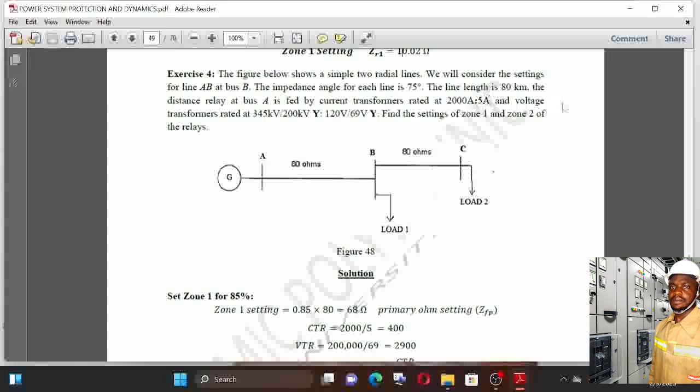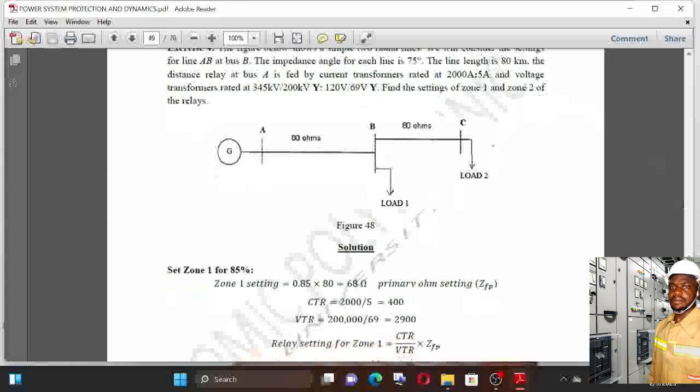Okay, that's the transformation ratio. Then the voltage transformer is rated at 345 kilovolt slash 200 kilovolt star, to 120 slash 69 volts star, which is also a transformation ratio for the voltage transformer.